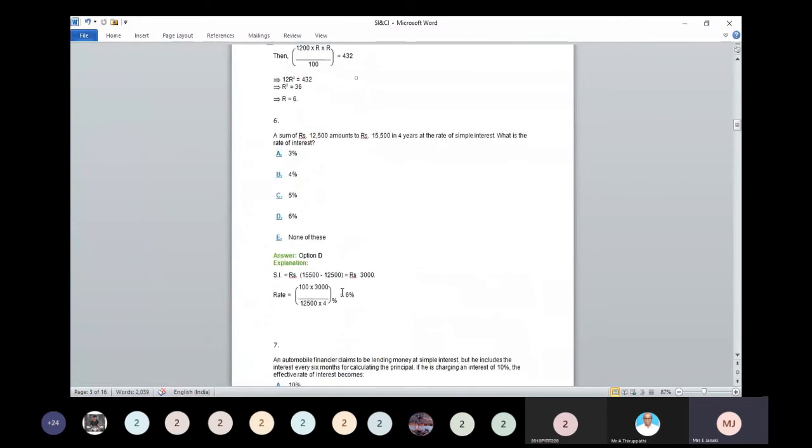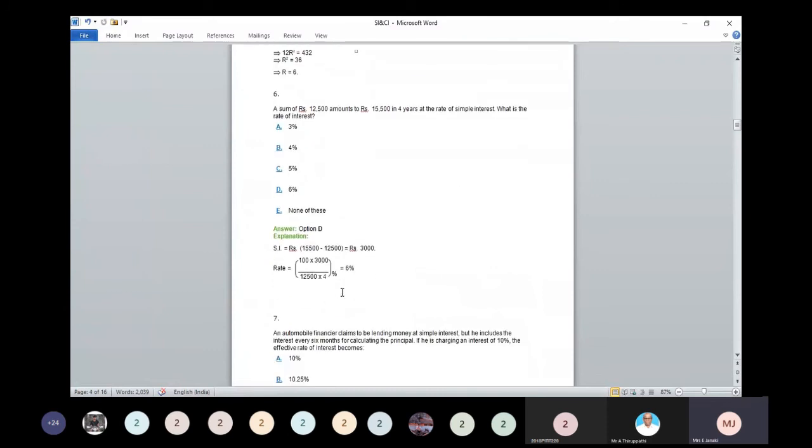And then, see the sixth problem. The sum of rupees 12,500 amounts to rupees 15,500 in 4 years at the rate of simple interest.